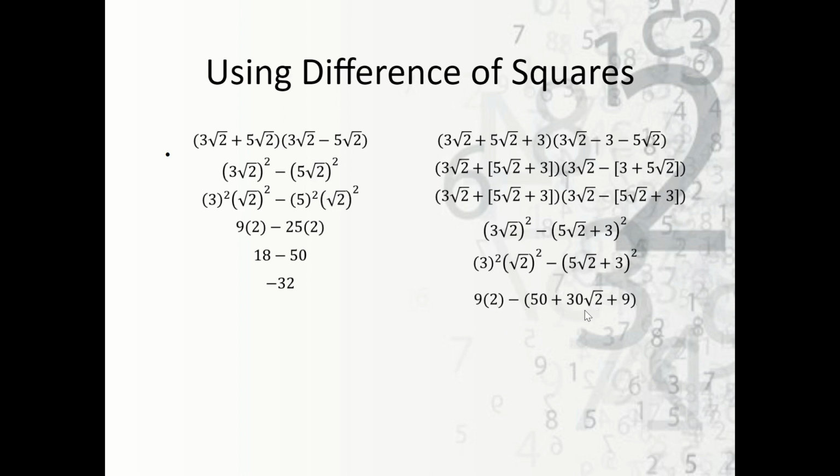So this negative sign goes to everything. So that's 18 minus 59 minus 30 square root of 2, because the negative sign's got to carry into everything. We'll combine these. 18 minus 59 is negative 41. And we'll keep this as minus 30 square root of 2.